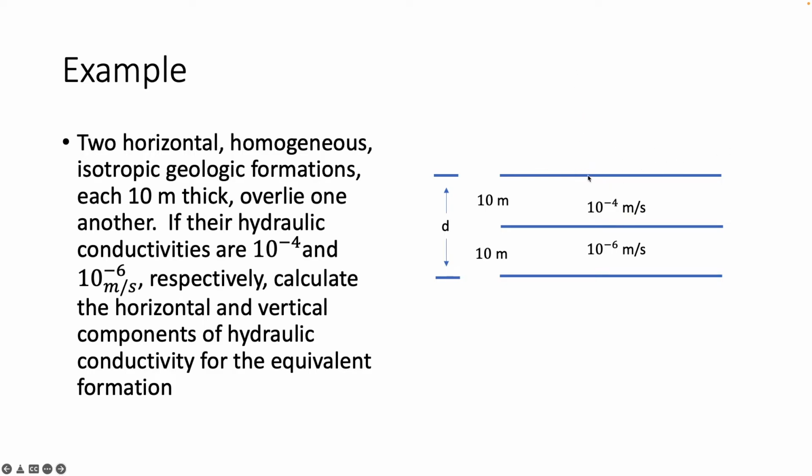It's going to be the same. These two are homogeneous isotropic. They're 10 meters thick. They overlie one another. They have hydraulic conductivities of 10 to the negative 4 and 10 to the negative 6 meters per second. That's relatively common, relatively normal values. What we want to do is calculate the horizontal and vertical components of hydraulic conductivity for the equivalent formation.